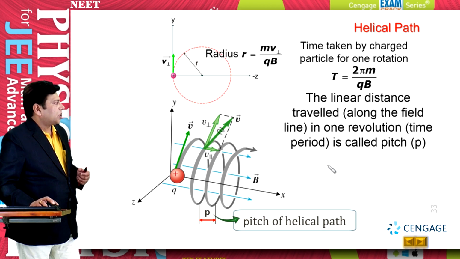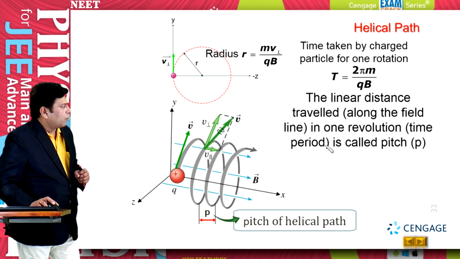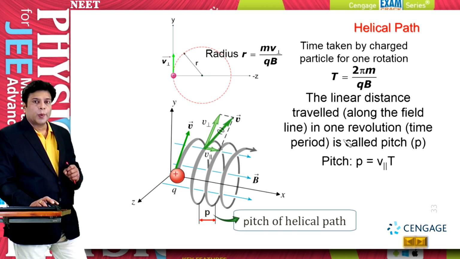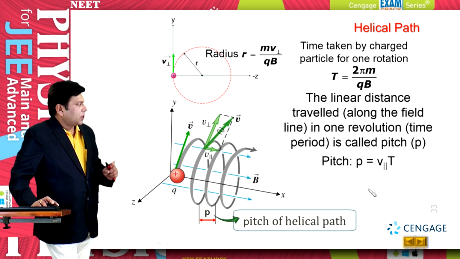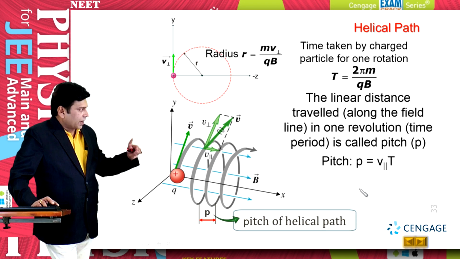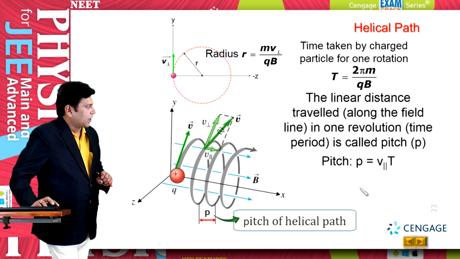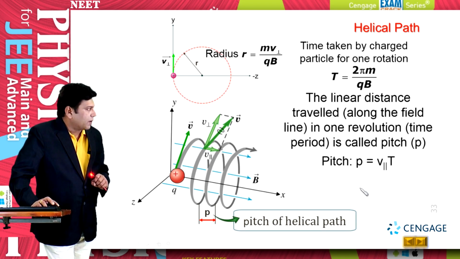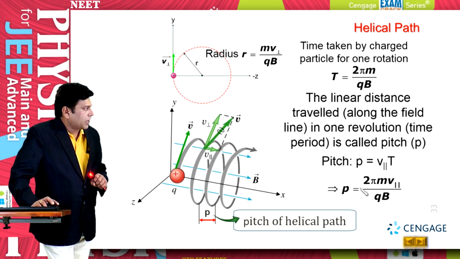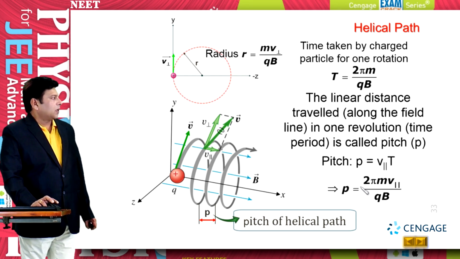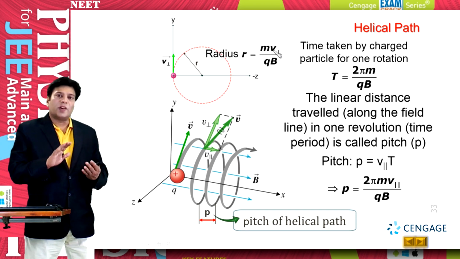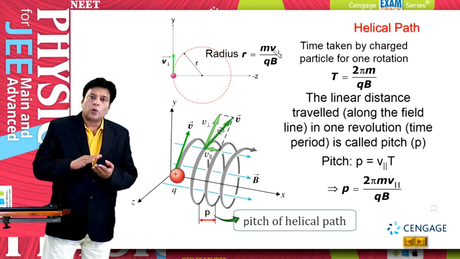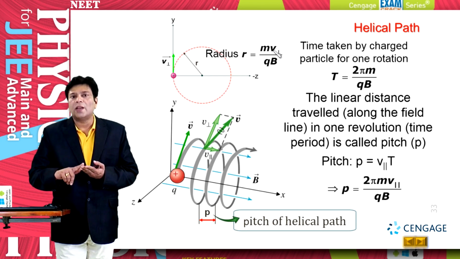So the pitch equals v parallel multiplied by T. Now we can substitute the value of the time period in this relation, so we get the pitch of the helical path, p equals 2 pi m v parallel divided by qB. Okay, this is the pitch of the helical path, and for the radius it is very simple. We should substitute the value of v perpendicular in place of v.